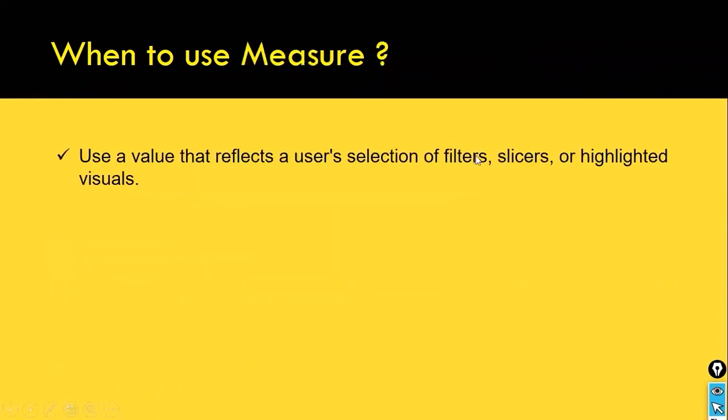Now the question is when to use a measure. That's what we discussed. If you want to perform some kind of percentage or ratio or average aggregation functions, in that kind of situation you can use it. For highlighted visuals, use a value that reflects user selection of filters, slicers, highlighted visuals. You can use a measure, for example, for conditional formatting.